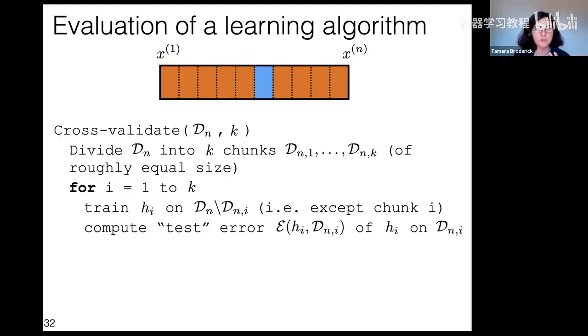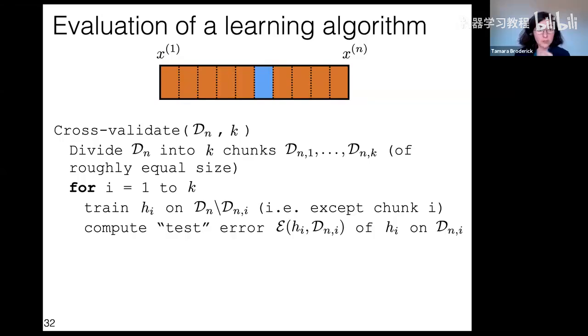The important thing is that it was not seen by our learning algorithm. Here I'm using this notation E, which is a little different from how we defined test error before. What I mean is: let's take our classifier hi and look at its error on DNi. We can look at its loss on each point in DNi and then average that loss over all the points in DNi.